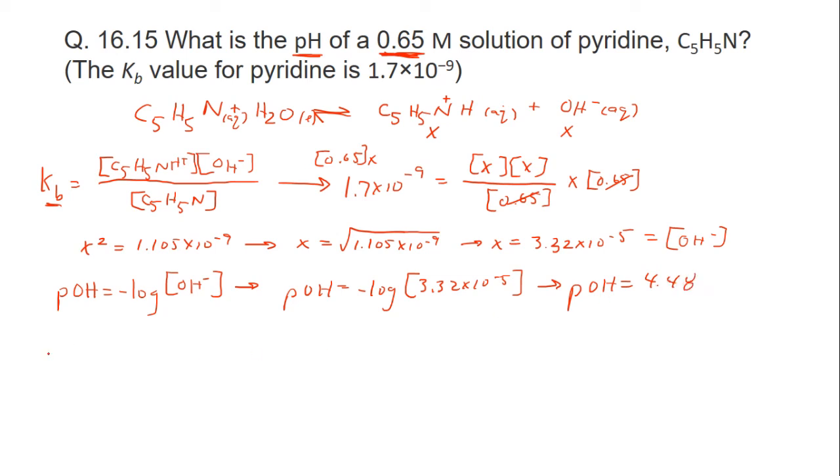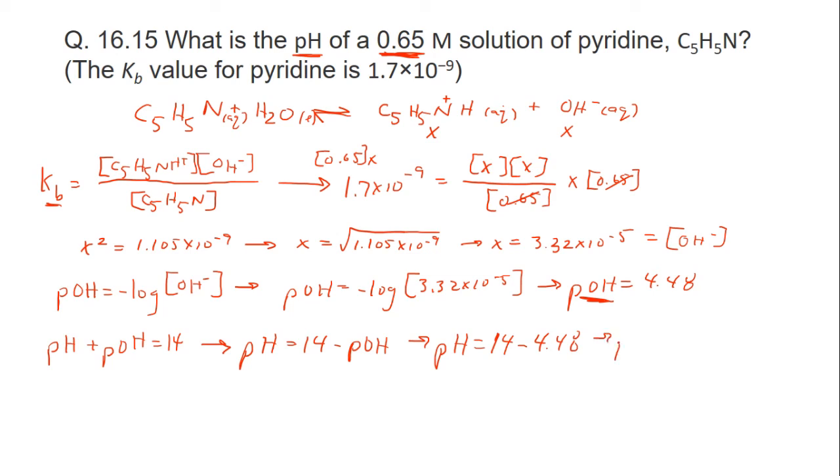And next, we also know that pH plus pOH equals 14. Well, we just solved for pOH, so now we can solve for pH. So pH equals 14 minus pOH, so pH equals 14 minus 4.48. pH equals, what do we get? 9.52.